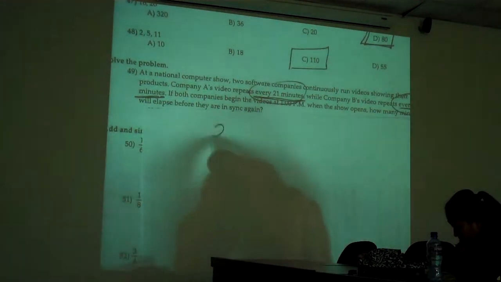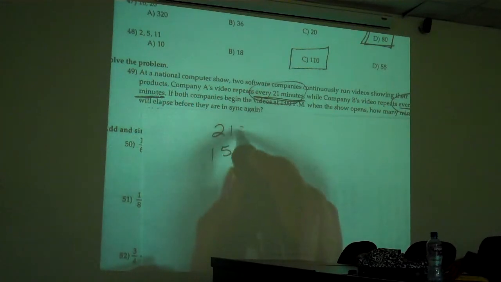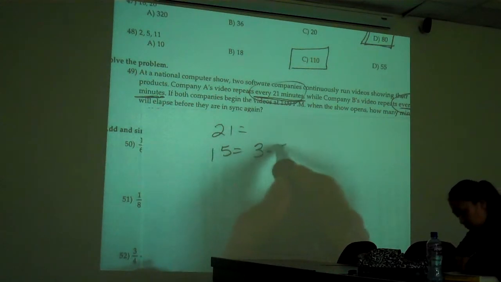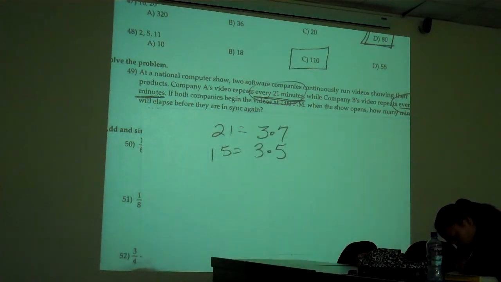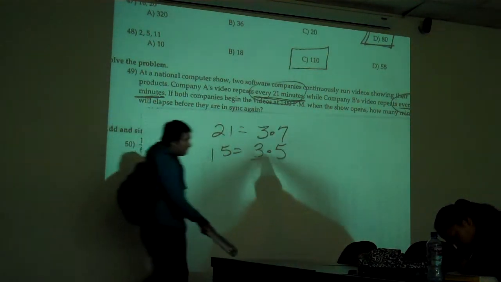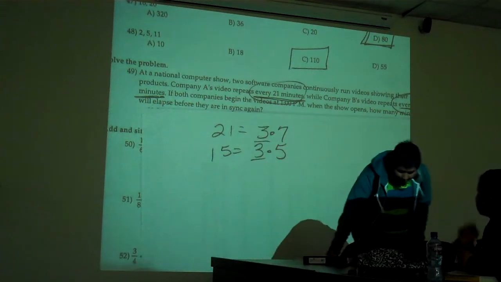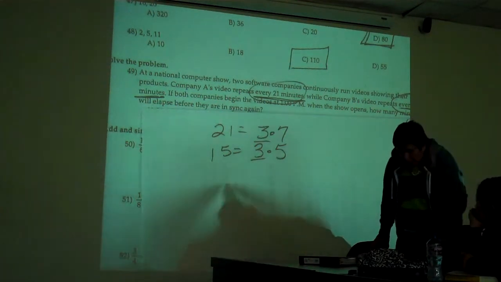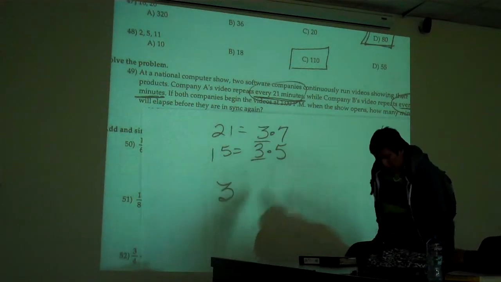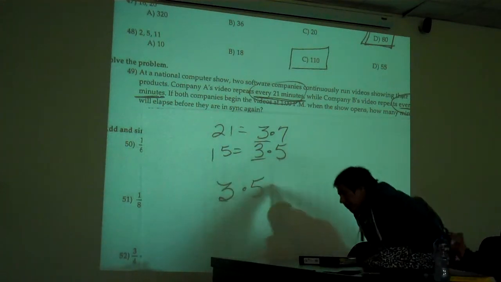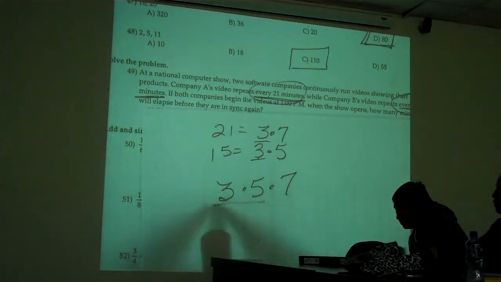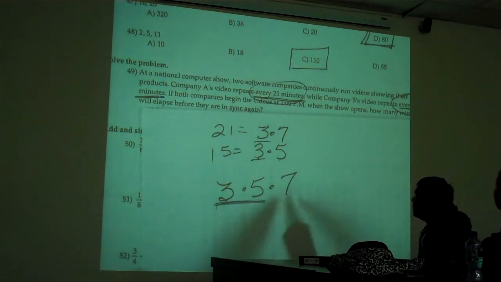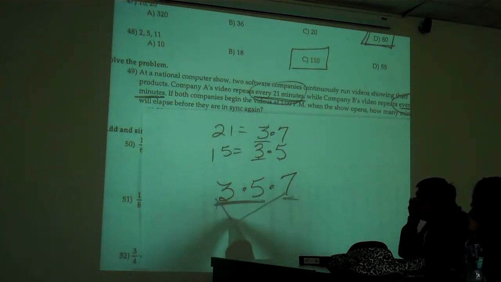So do 21 and do 15. 15 is 3 times 5. 21 is 3 times 7, right? And you need a 5, and you need a 7. You don't need 2 3s. 15, and here's your 21.